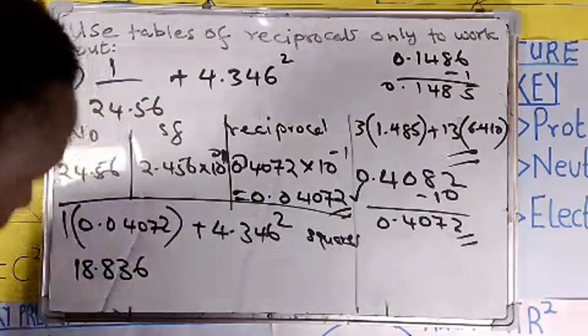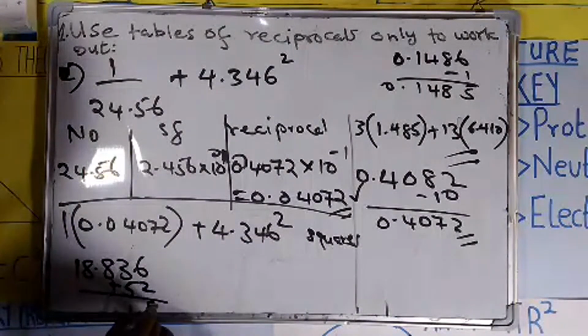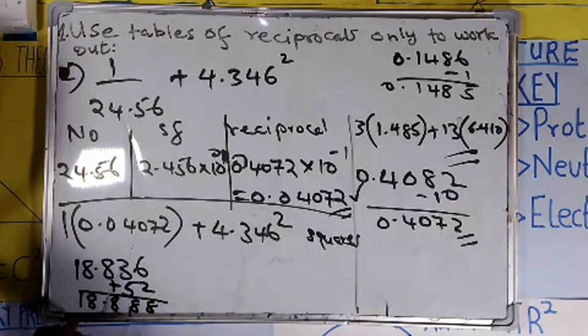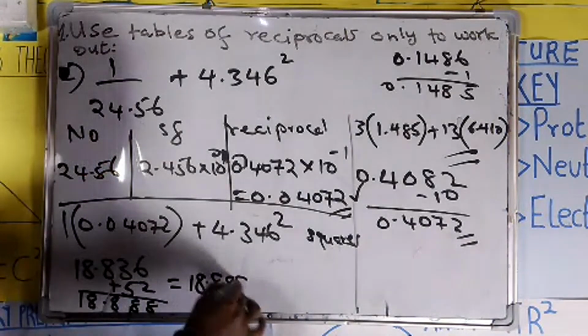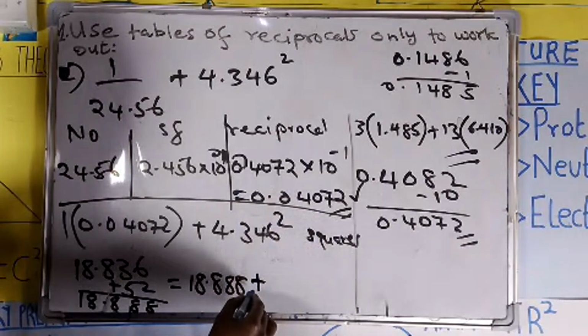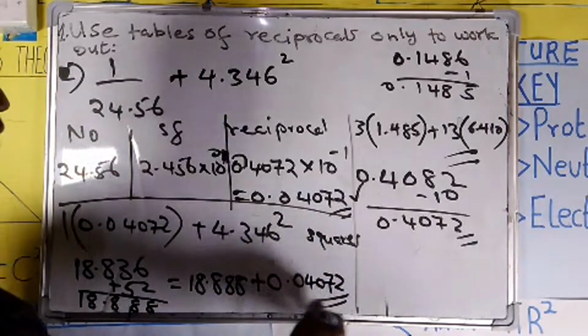Plus seats, it will be plus 52. 8.81. So it is going to be 18.888 plus 0.04072.